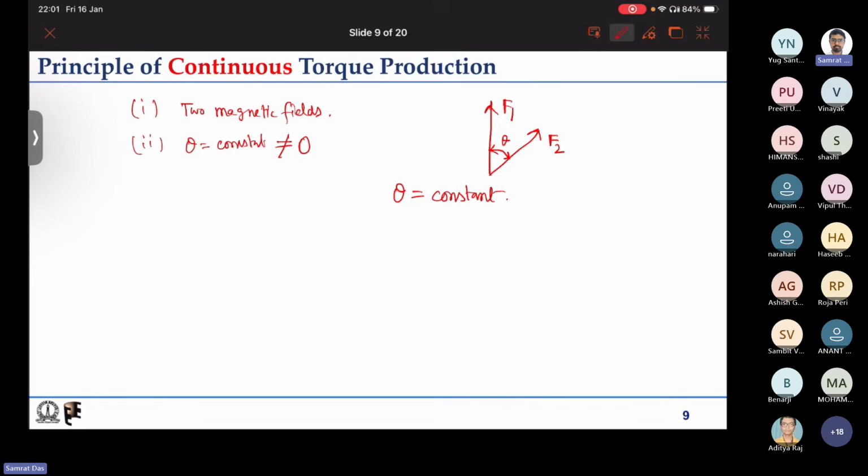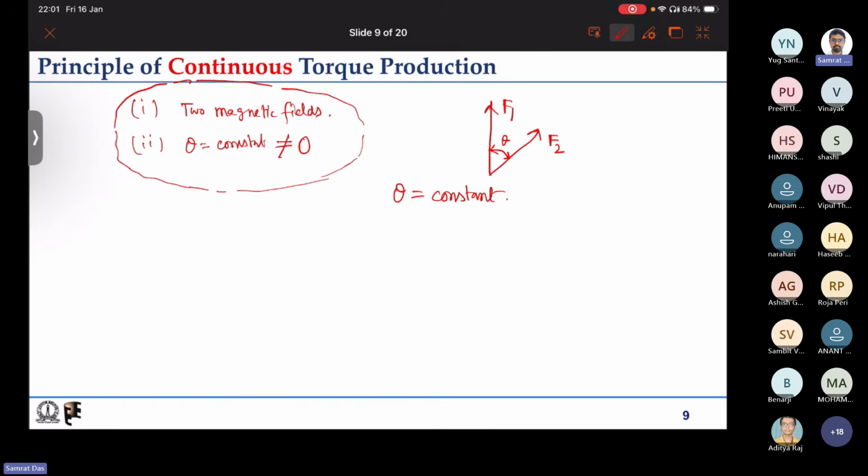Similar to the stator, if we put some conductors in the rotor, we can produce two magnetic fields. But there are three possibilities or combinations with which we can reproduce this case of having two magnetic fields and theta equal to a constant non-zero value.